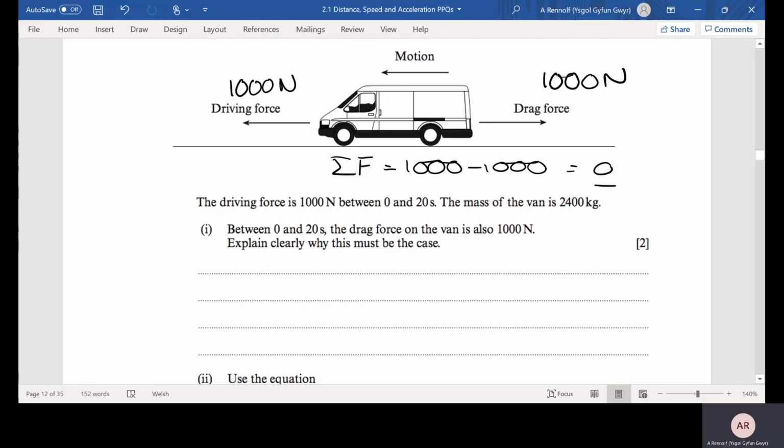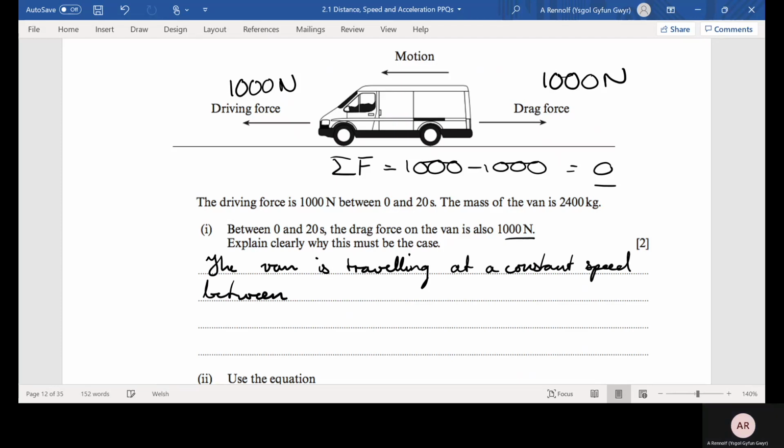So explain clearly why this must be the case. Why is the drag force also 1,000 newtons? So what we're going to say, the van is traveling at a constant speed between 0 and 20 seconds.